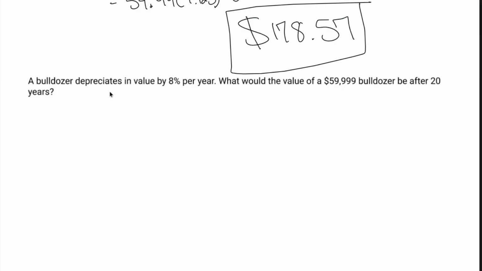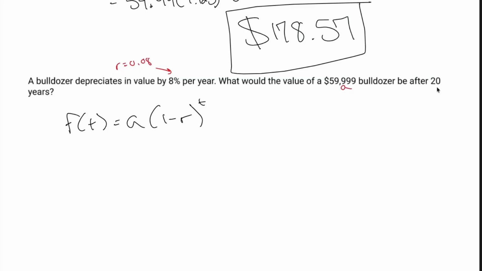A bulldozer depreciates in value by 8% per year. What would the value of a $59,999 bulldozer be after 20 years? All right, so we've got f of t is going to equal the initial value times 1 minus the rate to the t power. Okay, so my rate is 8%, which means r is going to be 0.08.